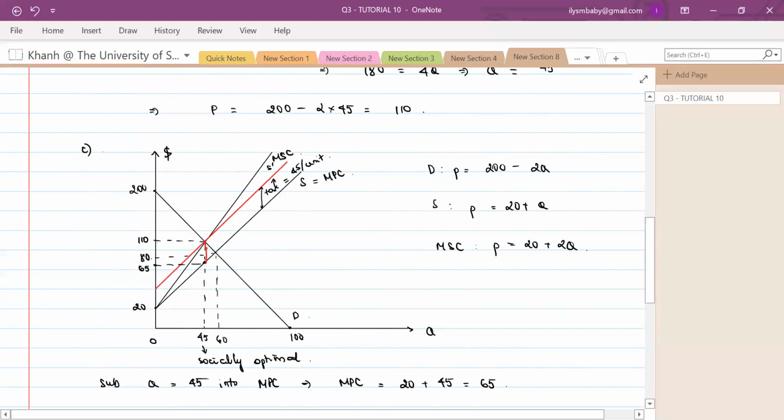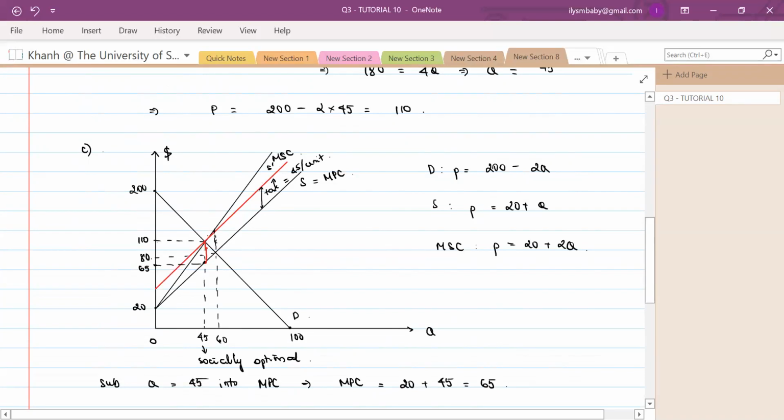From 45 to 60, the marginal social cost is higher than the demand curve, as you can see here.